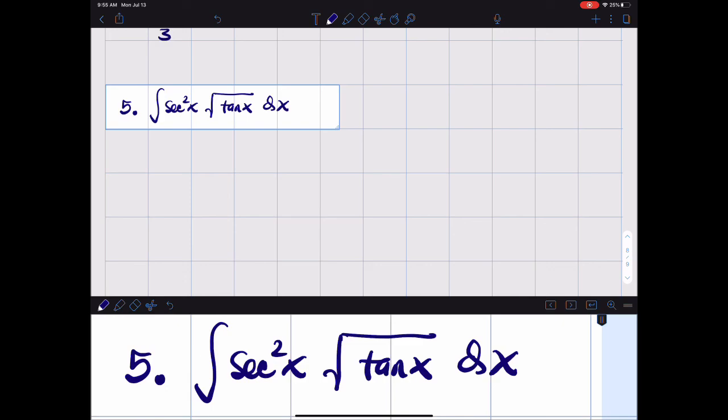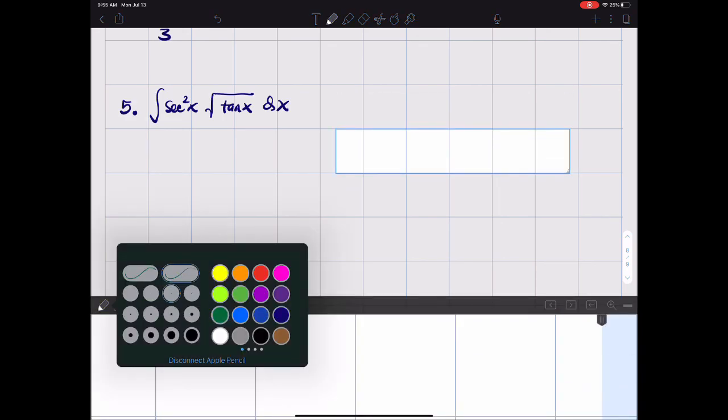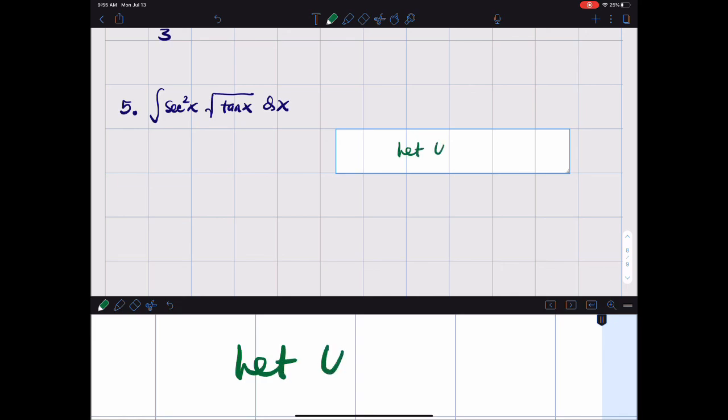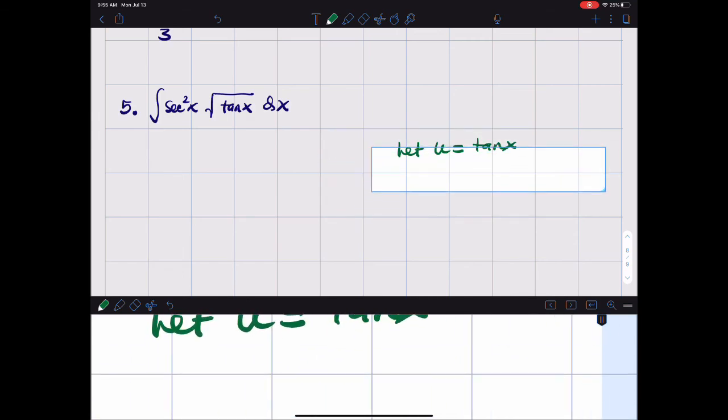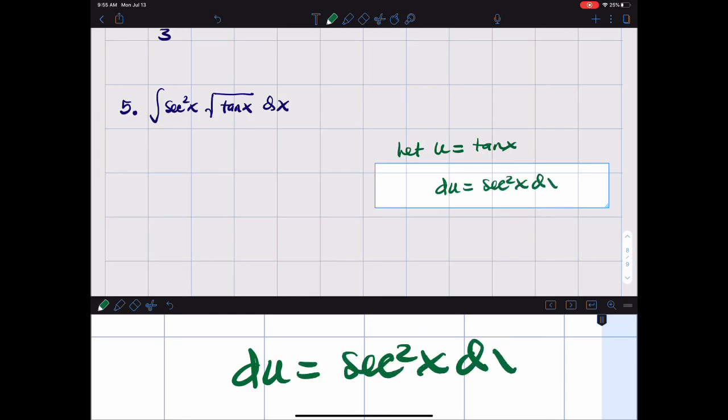You can go ahead and make u tangent x, particularly when the power of secant is even. So let u be equal to tangent of x, which means that du is equal to secant squared x dx.